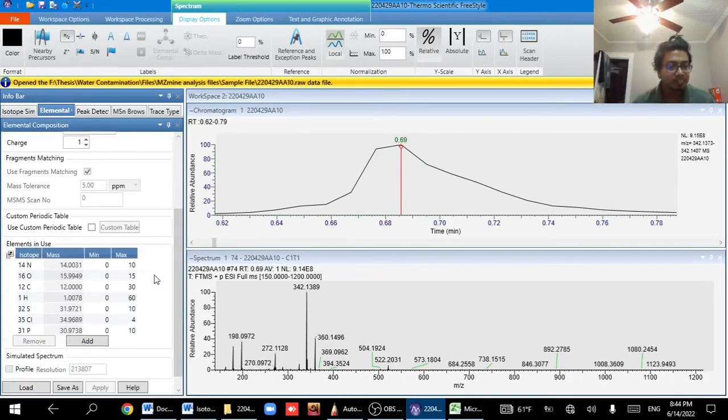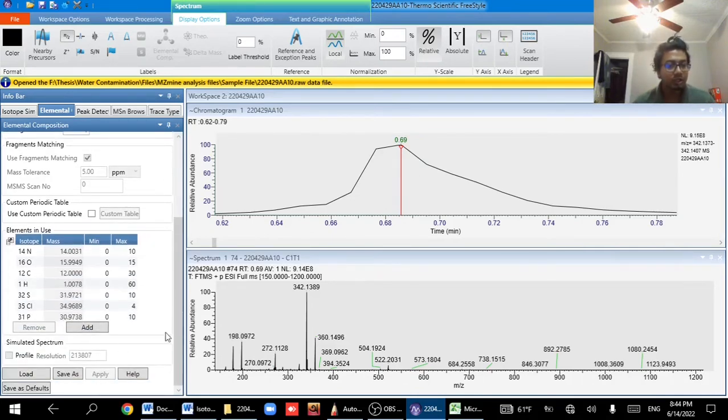Okay, then you need to input the maximum range of the nitrogen, oxygen, carbon, hydrogen, sulfur. So it can vary, right? It is not a strict way to define that there should be 10 nitrogen or something like that.